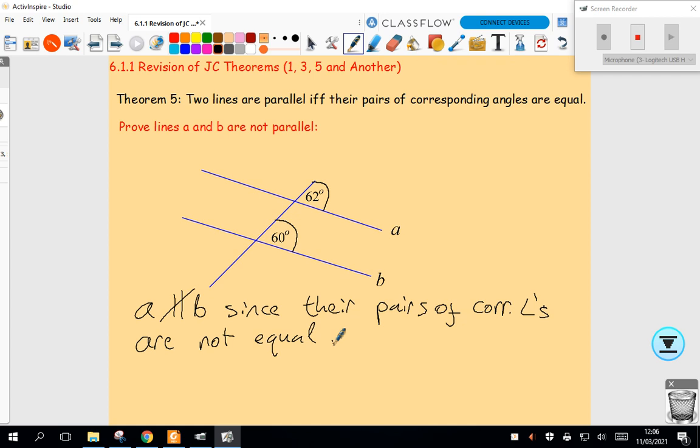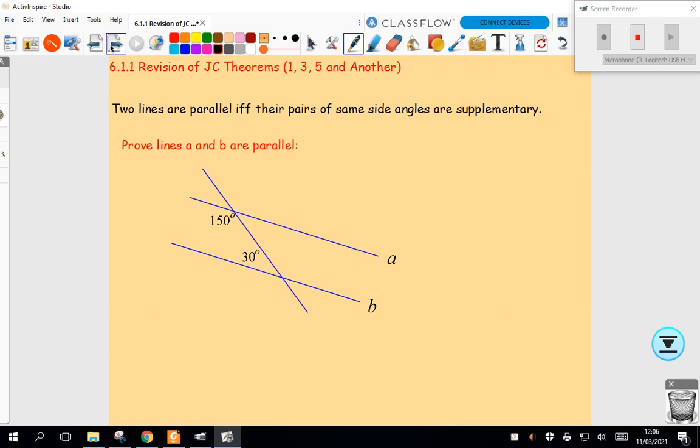They look like they might be parallel, but on closer inspection, that's 60, that's 62. No, they're not parallel. Eventually, if those lines go on further and further, they'll come together. Not parallel. Parallel lines will never come together.